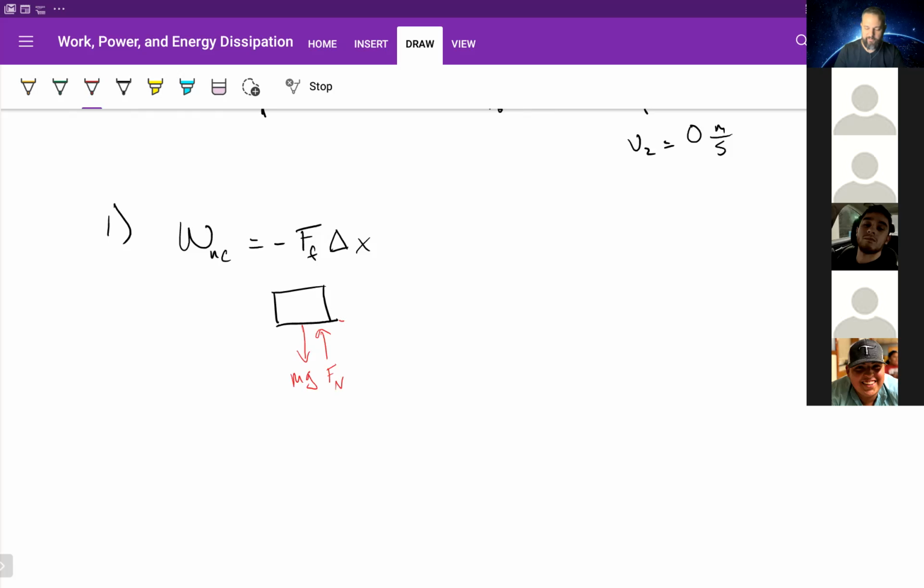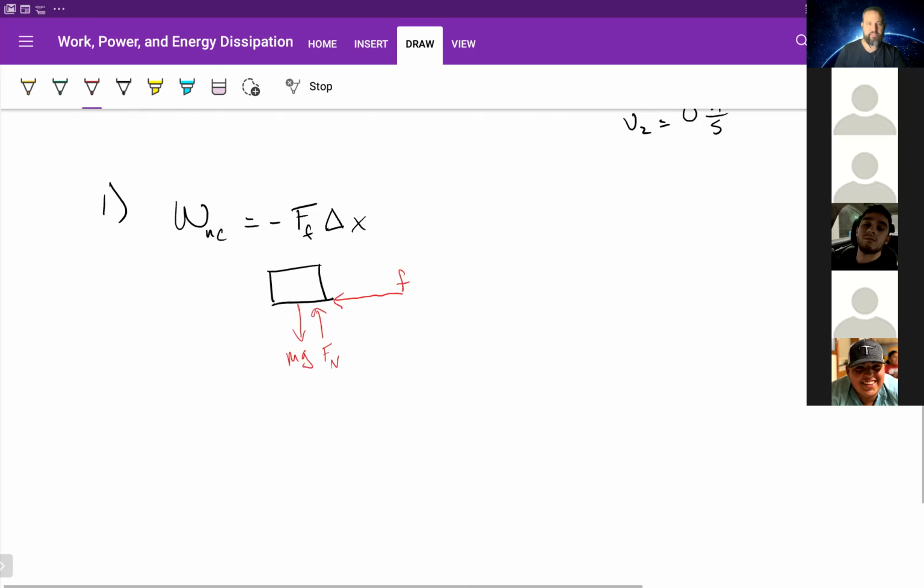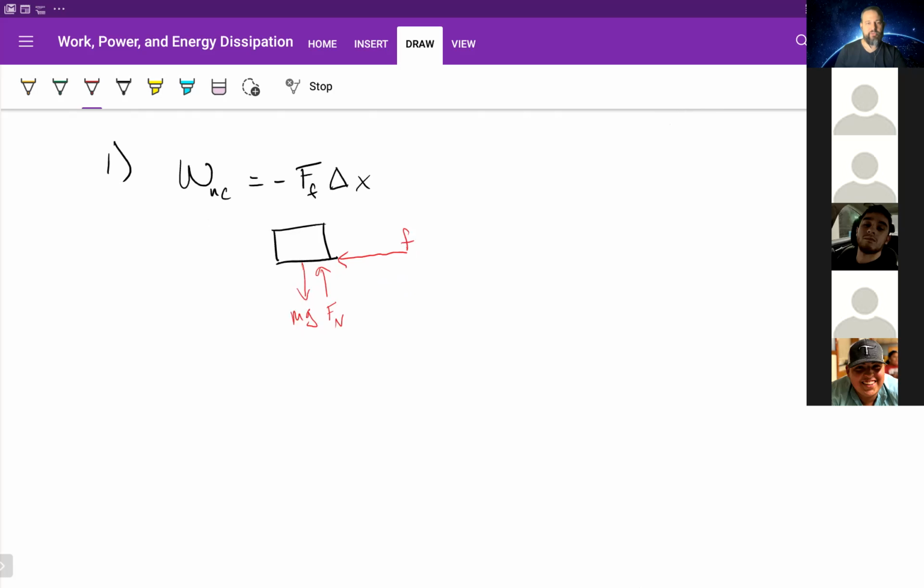But we do have friction acting this way. I'm going to start using a little f for friction just to make it a little easier. The nice thing is we're dealing with kinetic friction, so I just need to plug in the kinetic friction coefficient. Kinetic friction doesn't change like static friction does. Static friction can go from 0 to whatever the max value is. Kinetic friction just stays the same.